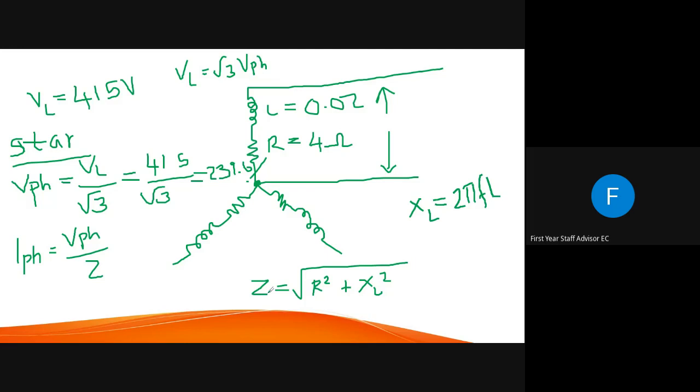R is 4 ohm, so 4 square plus XL square. XL is not given, but XL is equal to 2 pi FL, with frequency 50 hertz and inductance 0.02 Henry, both given in the question. You can find out XL. Now tell me the value of impedance Z.